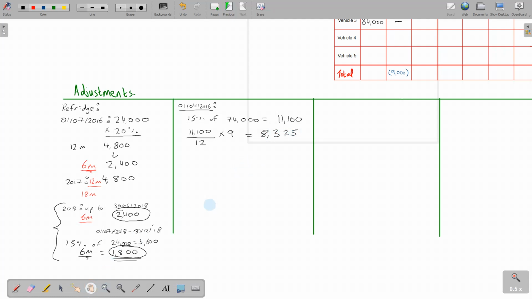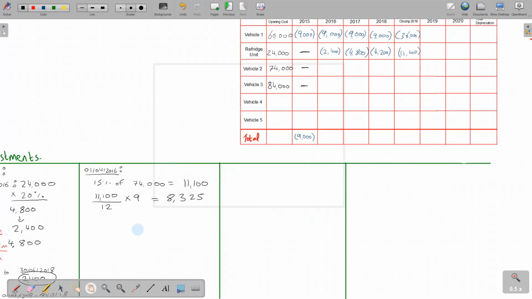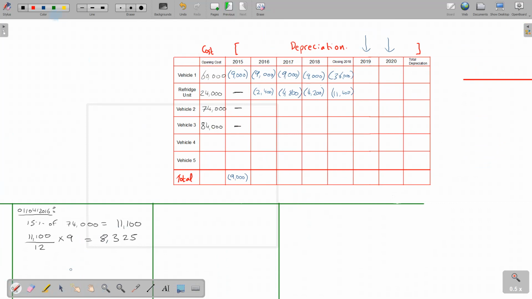So that's going to be my depreciation charge for 2016. $8,325, and then a full year's depreciation in 17, and a full year's depreciation in 2018, and in total that is 30,525. Very good. So we're getting there.